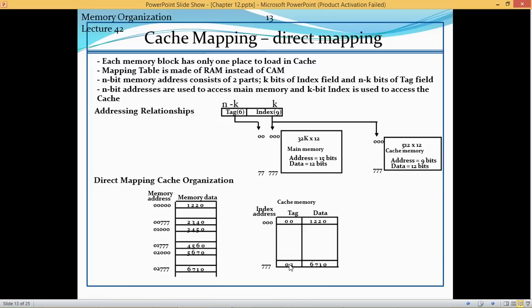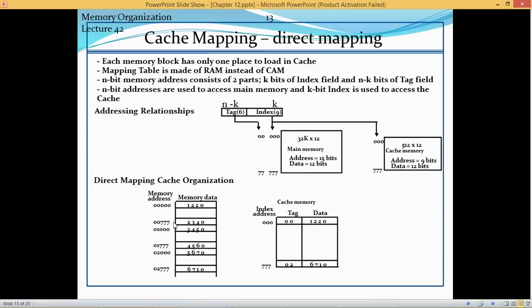The tag earlier was 02, now the new tag is 01. If your system further requires some data which is from tag 00, but the index is 777, then this content, 4560, will be replaced with the new content. So this is how it is going to work, right?